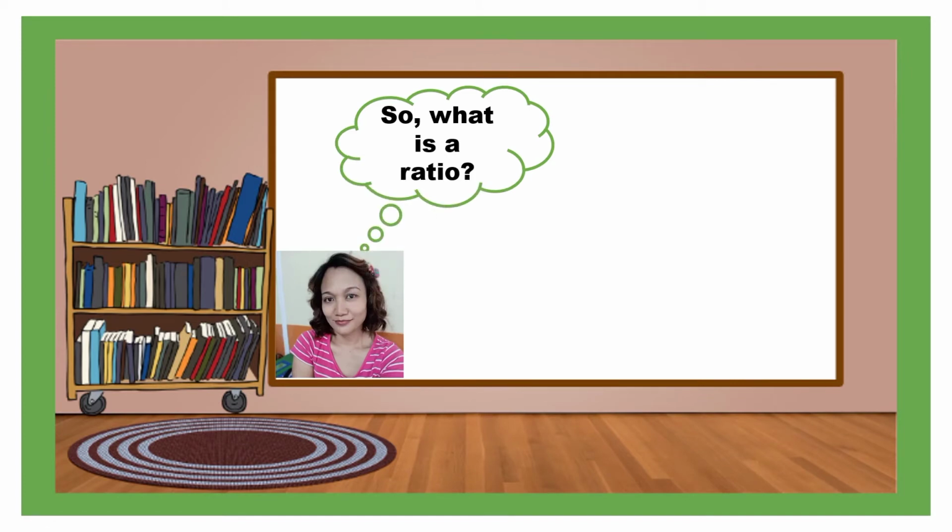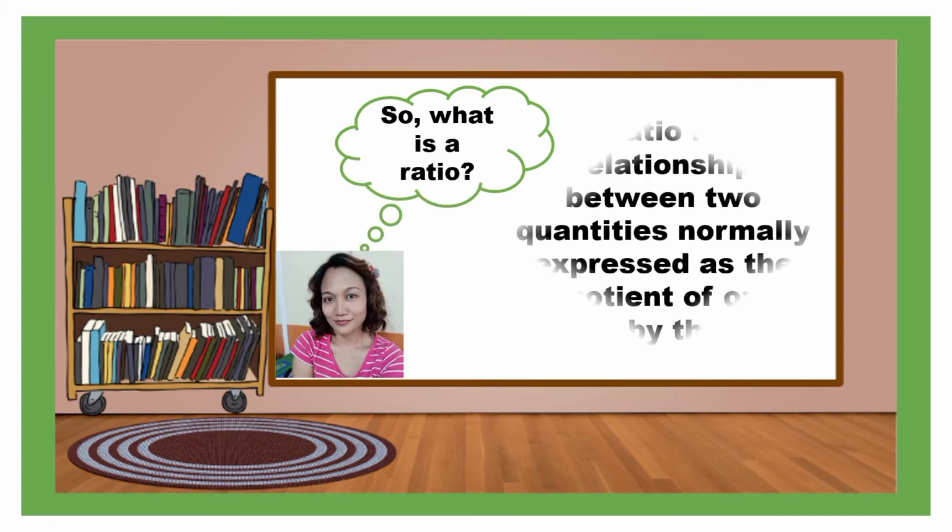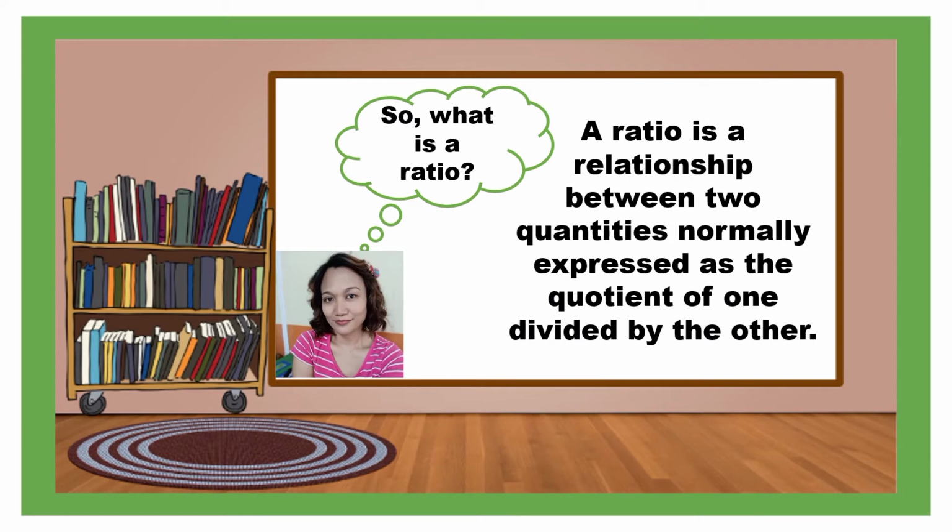So what is a ratio? A ratio is a relationship between two quantities normally expressed as the quotient of one divided by the other.